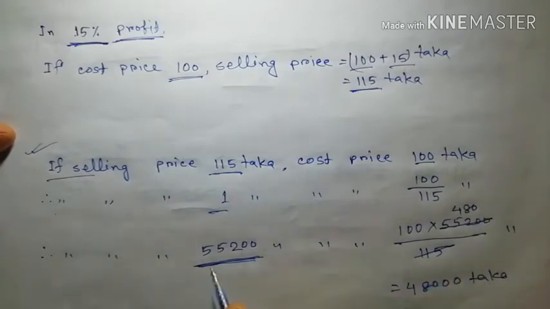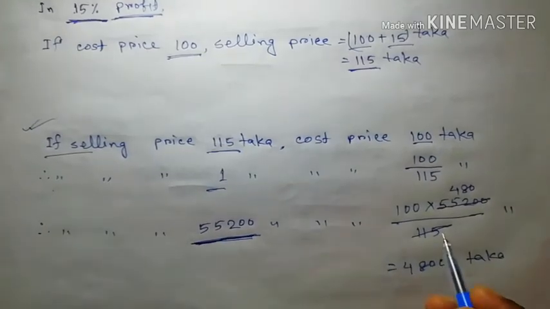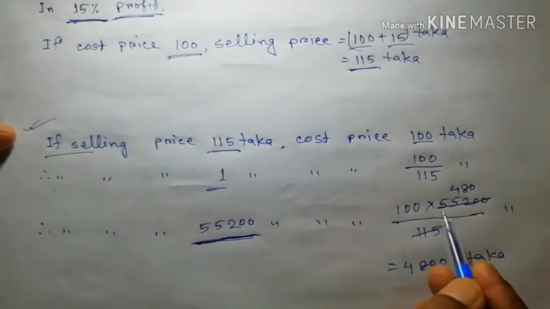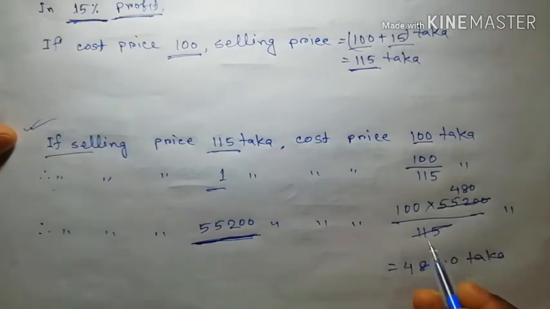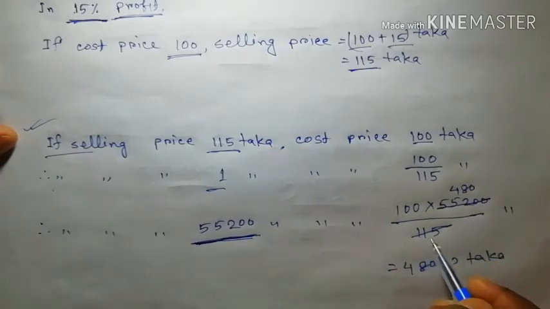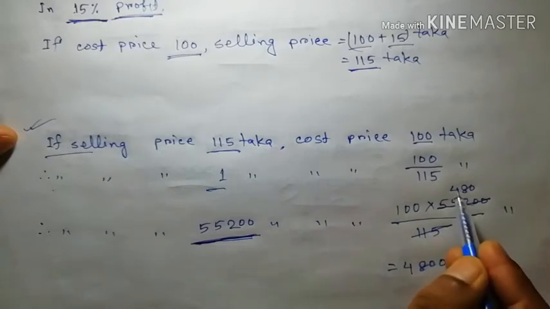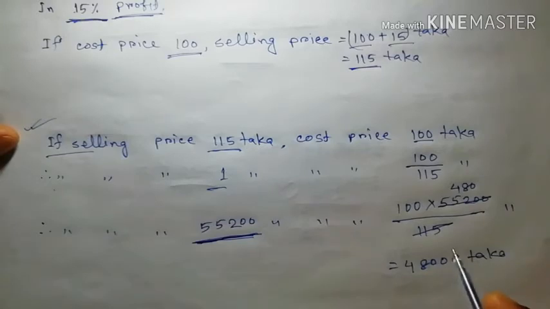Then if selling price is 55,200 taka, then cost price will be 100 into 55,200 taka divided by 115 taka. So we divide 55,200 taka by 115, that will be 480 taka. You can divide it on another page in your CW copy.